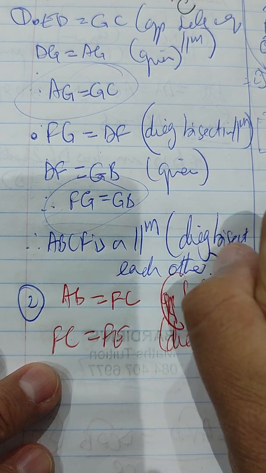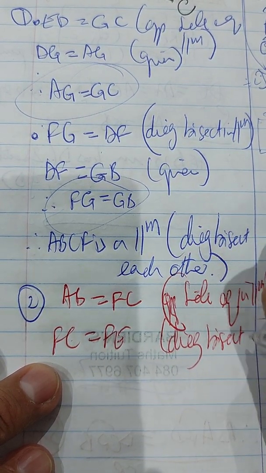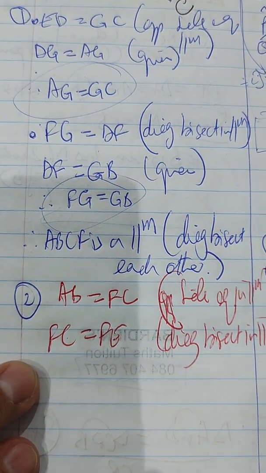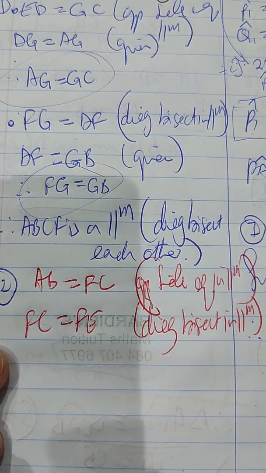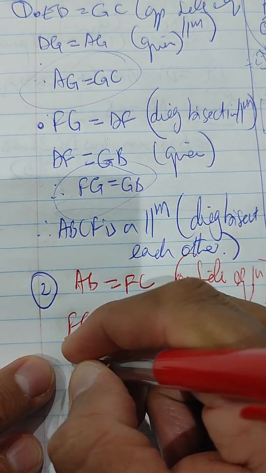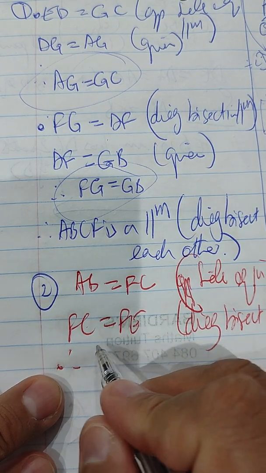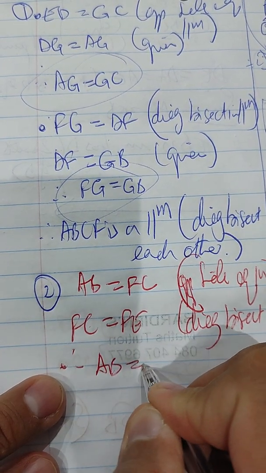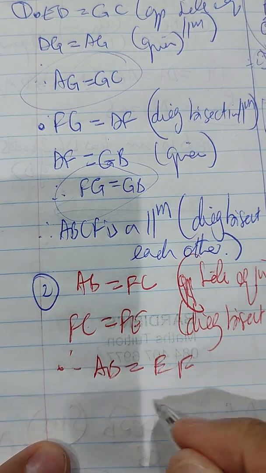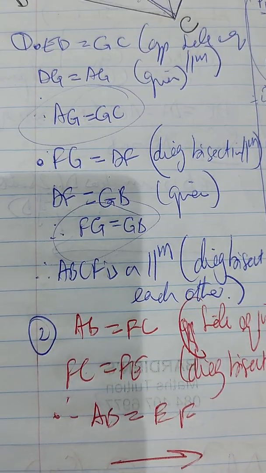Why? Diagonals bisect each other in the parallelogram. So therefore, we have answered the question now that AB is in fact equal to EF. Okay, that was a good one. Alright.